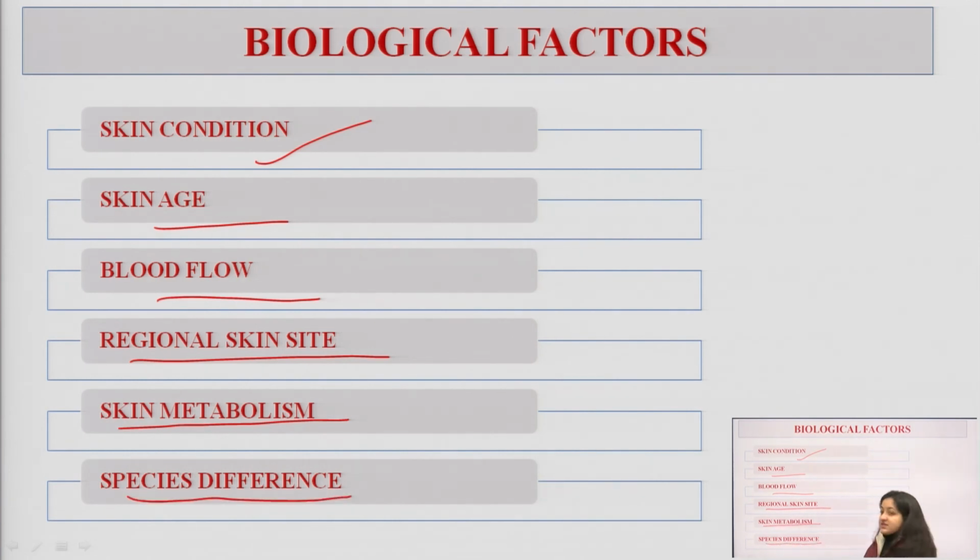Lastly, species difference. If we have various species, humans as well as animals, then depending upon the species, the penetration may vary, the action may vary, and the bioavailability may vary. So, these are some of the biological factors that definitely influence the rate of permeation of a drug.